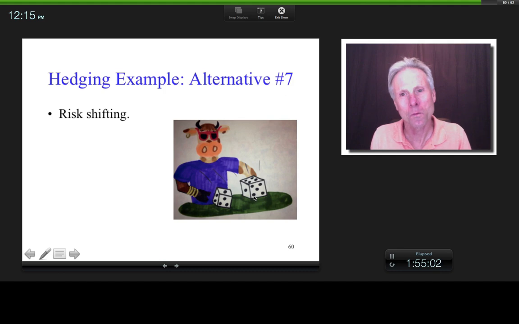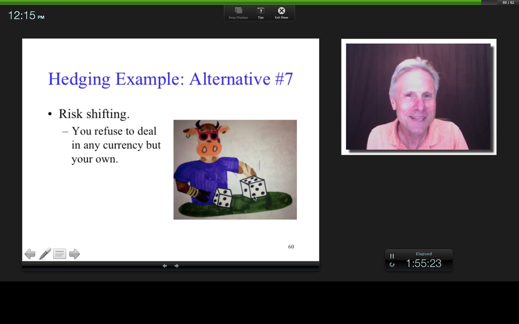Okay, well, another alternative, number 7, is called risk shifting. And what do you think risk shifting is? Well, basically, with the 100 million yen for the widgets example, you're telling the Japanese supplier, no, do not bill me in yen. Tell me what I owe you in dollars. So basically, you refuse to deal in any currency other than your own.